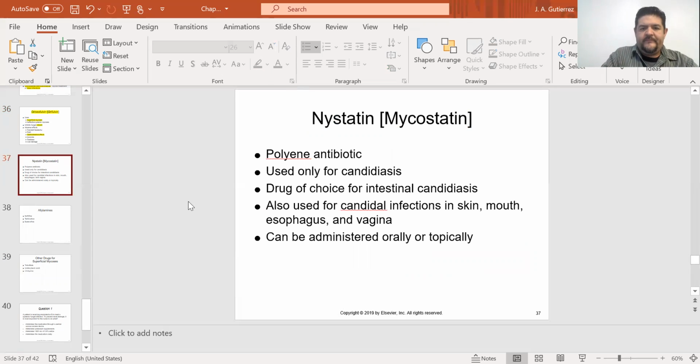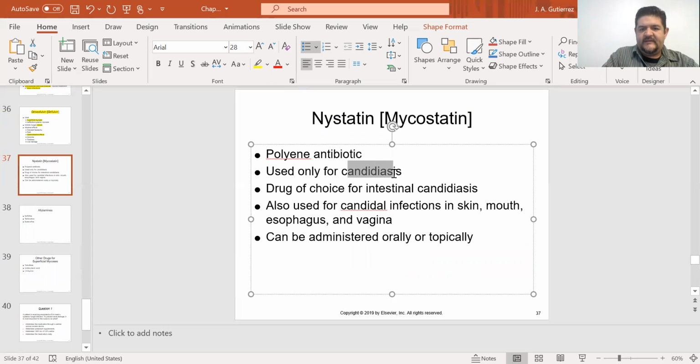Nystatin, the main use for nystatin is candidiasis and all different types of infections. So it can be intestinal candidiasis, esophageal candidiasis, thrush, vulvovaginal candidiasis.